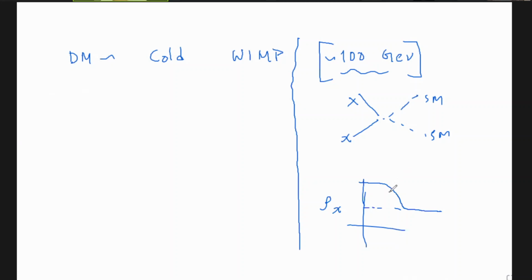I was discussing this before. This fall off happens because the dark matter was at some point doing what? Tell me. This exponential fall happens at some point. Why? You all forgot. Why was the number density of dark matter going down?